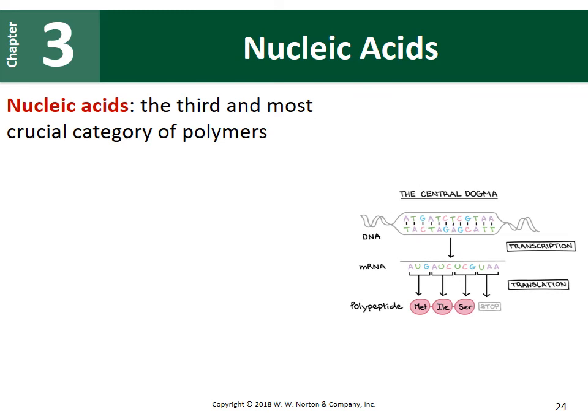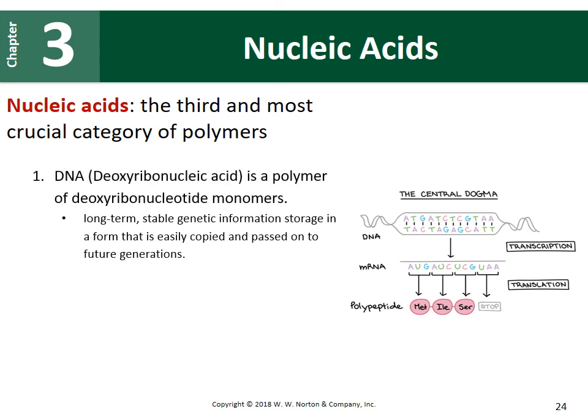Our third molecule are the nucleic acids, and this is the third and most crucial category of polymers. There are 2 types of nucleic acids. There's DNA, or deoxyribonucleic acid. This is a polymer made up of deoxyribonucleotide monomers.